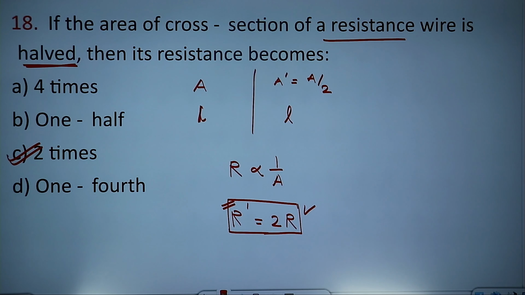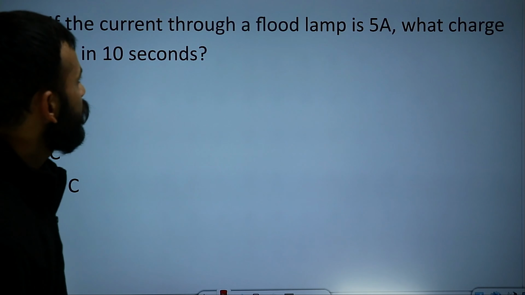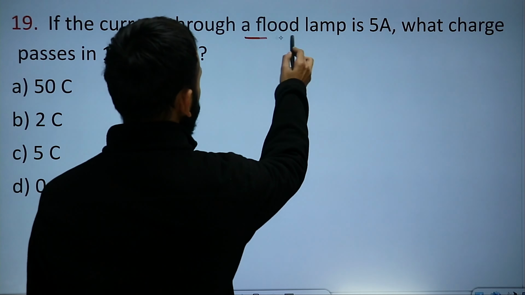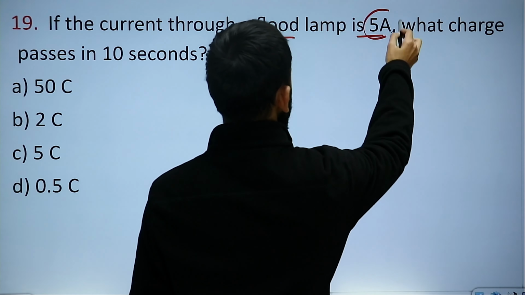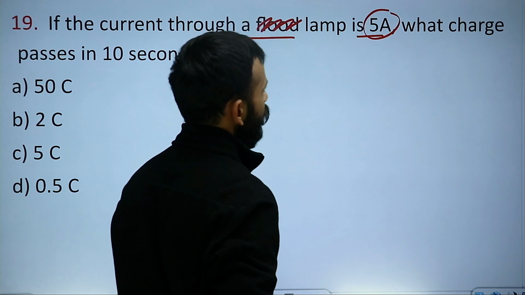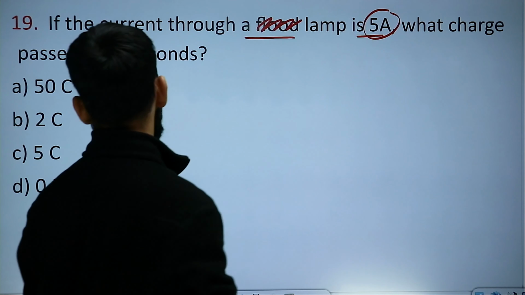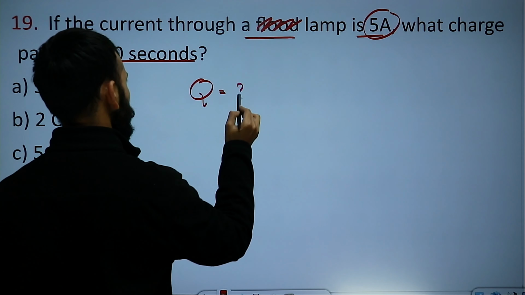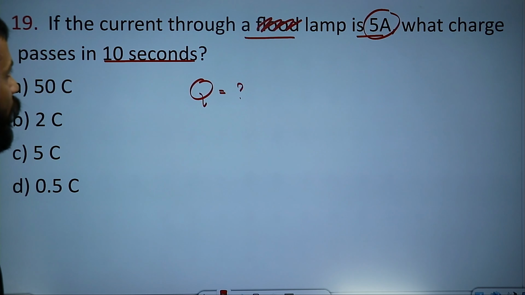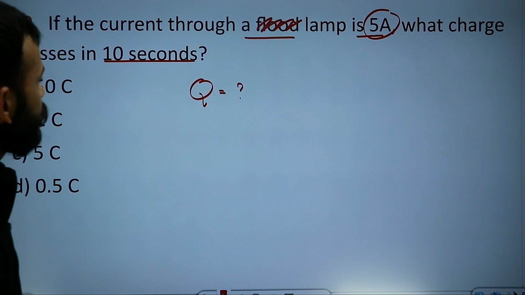Now next is, if the current through a flood lamp is 5 ampere, what charge passes in 10 seconds? We have to calculate what charge will pass through this particular lamp.